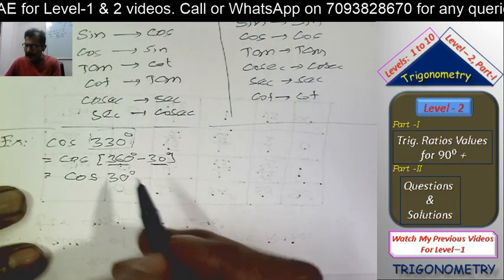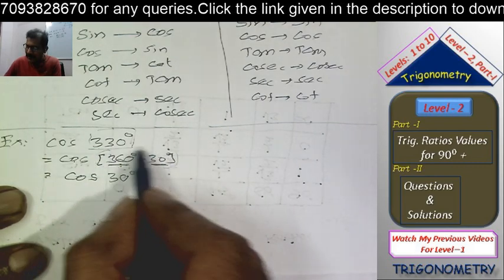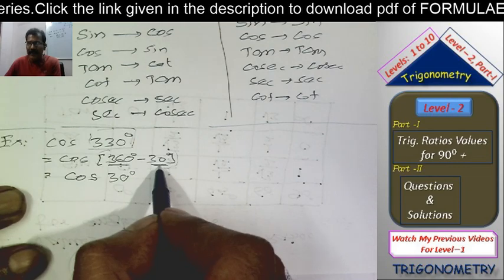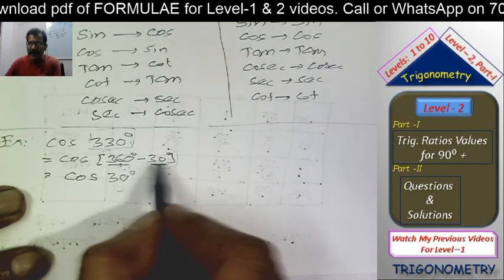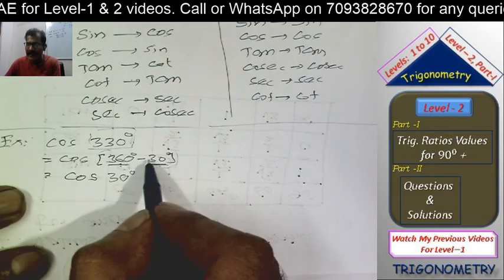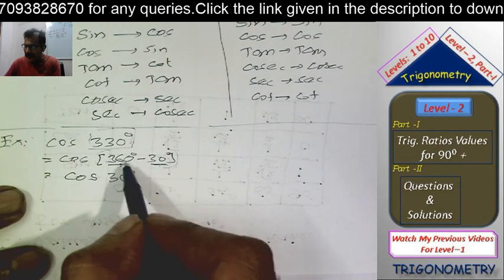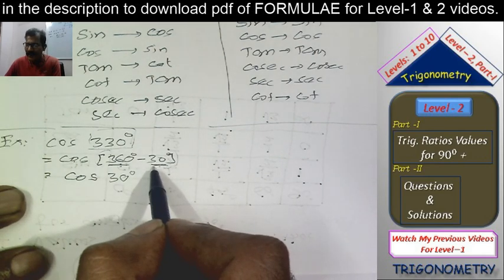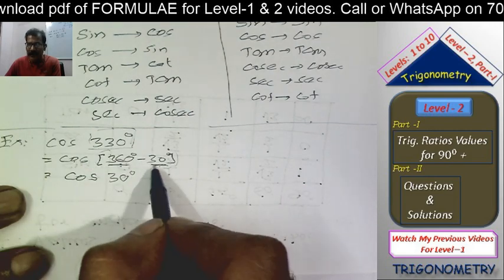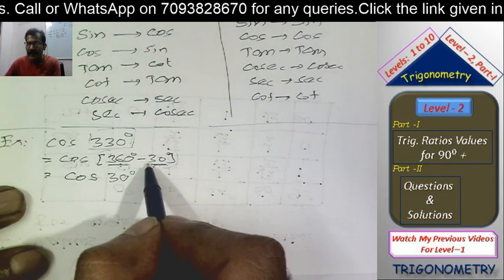In the next step we check this complete bracket value. It is like 360 minus theta. By using this 360 minus theta, or 180 plus theta, or 180 minus theta, we decide in which quadrant the cos is going to lie. So 360 minus theta must be in the fourth quadrant. Means cos theta belongs to the fourth quadrant, and we give the sign of cos theta in the fourth quadrant.